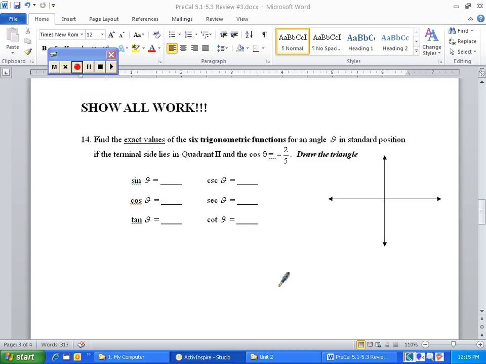If I square both sides, then I'm left with negative 2 squared plus y squared equals 25. Negative 2 squared is equal to 4. So 4 plus y squared equals 25. Subtract 4 on both sides. Y squared is equal to 21.